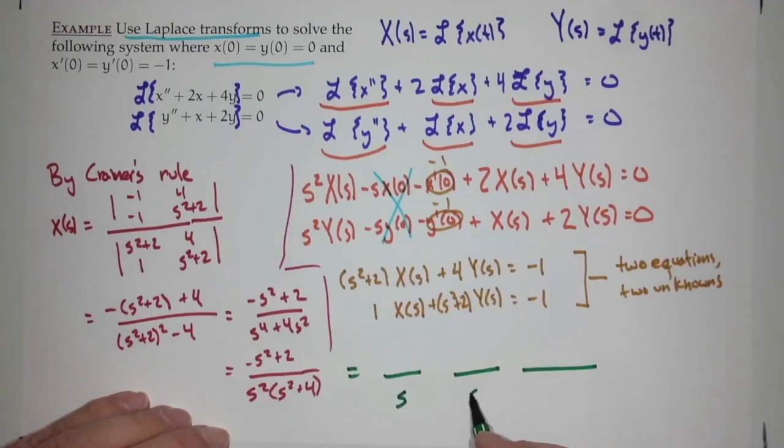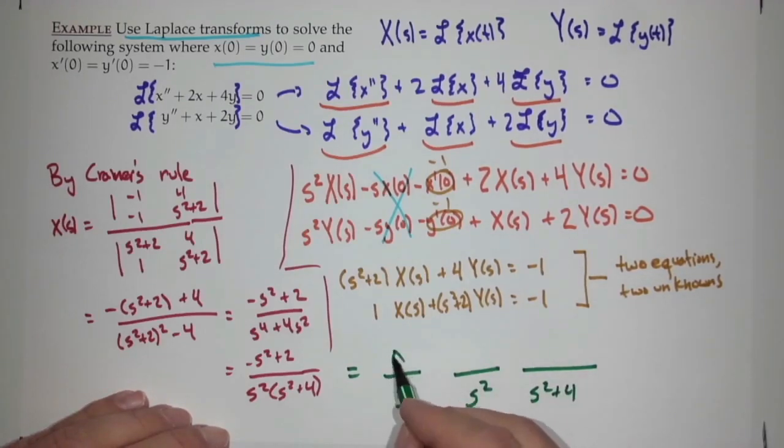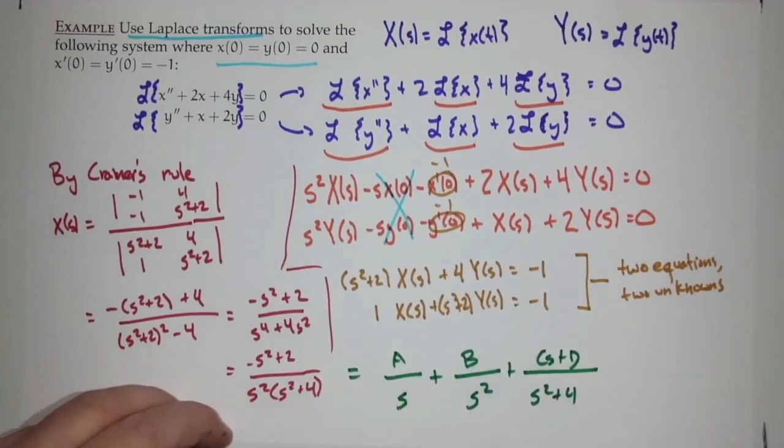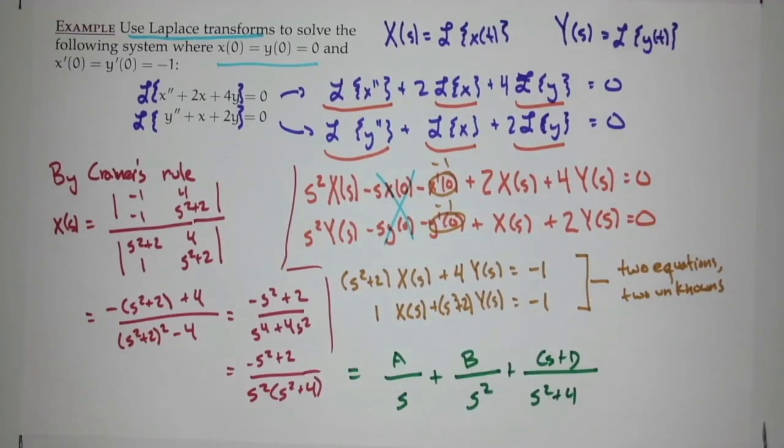S squared. You've got to build your way up. S squared plus 4. A, B, and Cs plus D. Now you work partial fractions to solve for A, B, C, and D. Once you have them, you would take the inverse, and then you'd have your x of t function that you want. Do the same thing for y, and you're done.